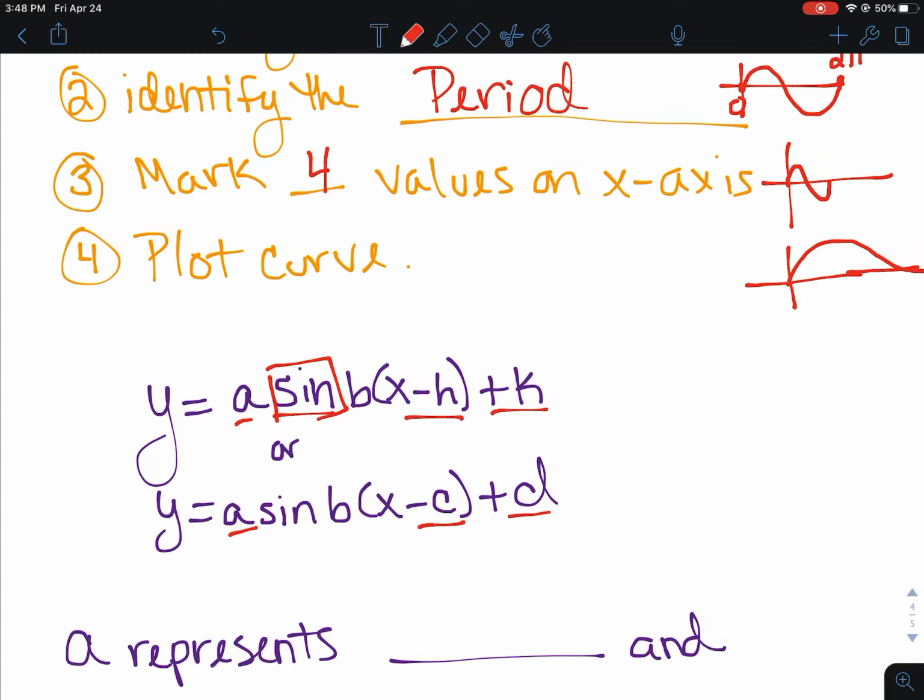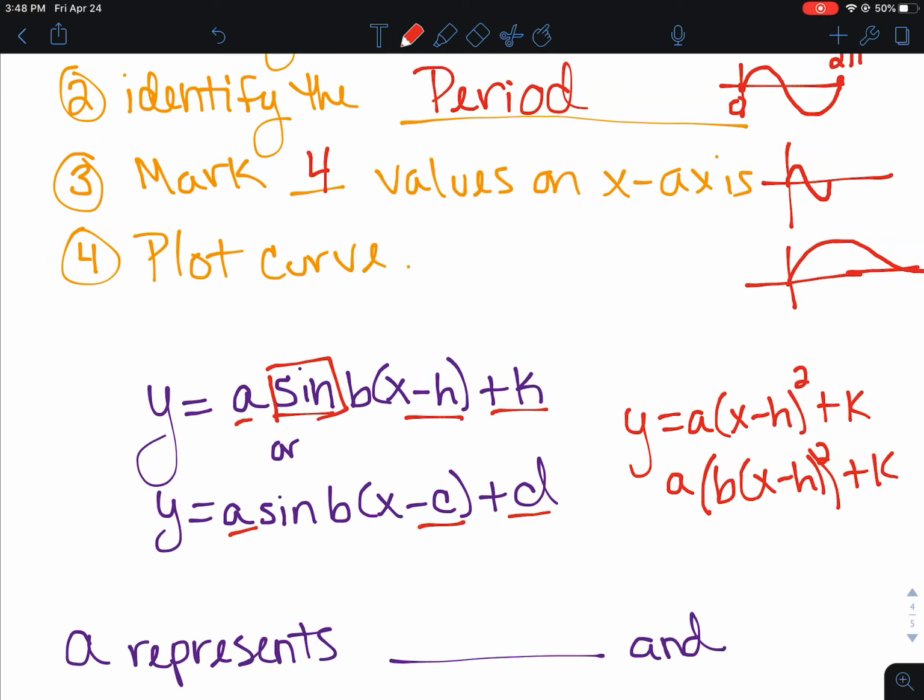But a lot of times you'll see with trig functions, it's x minus c and plus d. So think of it like you do with your quadratics, just like that. And we also talked about having the b value factored out as well. So all those things are the same.